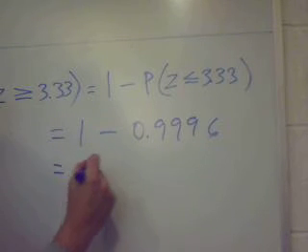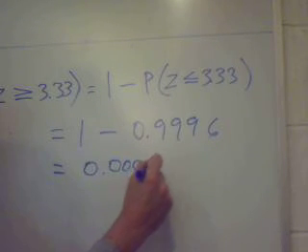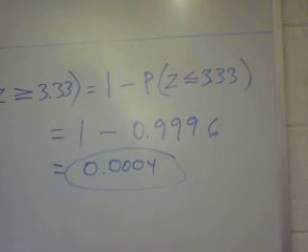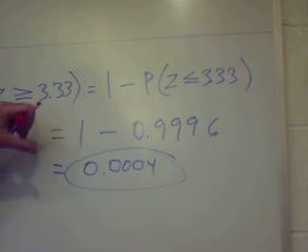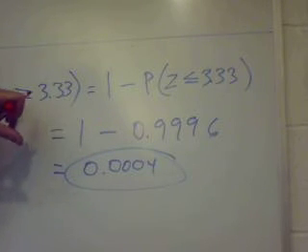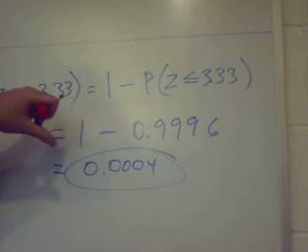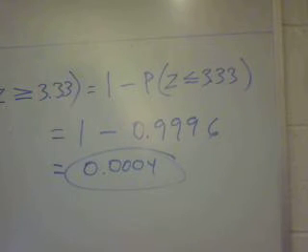And so the answer is 0.0004. That's the probability that if I take a random sample of 15 fish, the mean length of that sample is greater than 10 inches. Again, I converted that 10 inches to a z-score of 3.33.